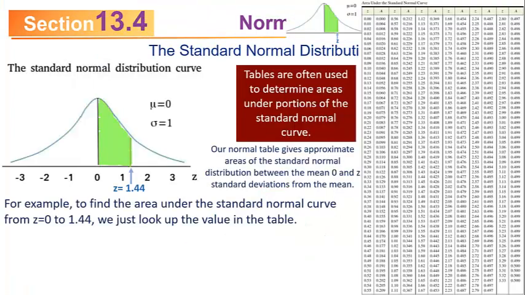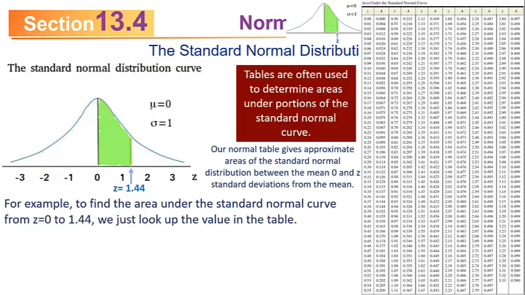For example, to find the area under the standard normal curve from z equals 0 to 1.44, we just look the value up in the table. Remember, the table gives the area from 0 to any positive z value, and this perfectly fits that description. We're starting at 0 and going to 1.44, which is a positive z value.